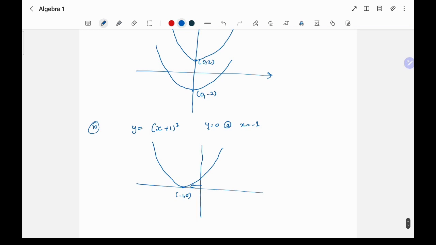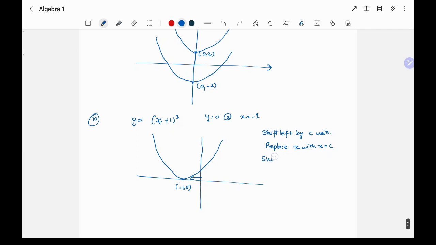So this is shifting to the left. So if you want to shift left by c units, then what you do in the equation, you replace x with x plus c.